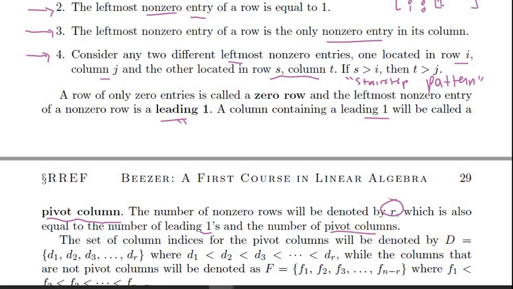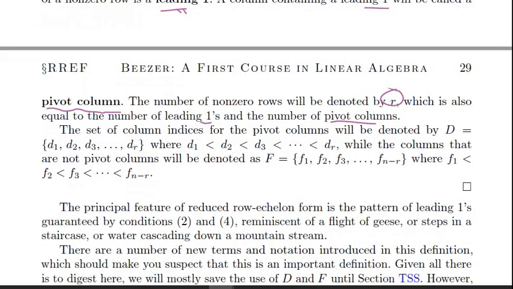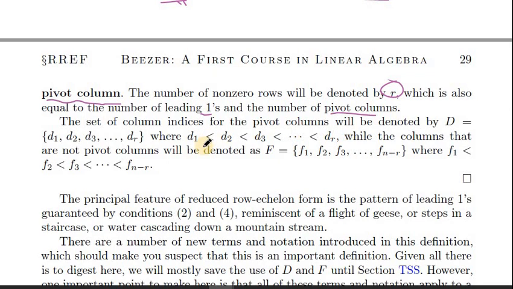The set of pivot column indices is denoted by D, and the columns that are not pivot columns will be denoted by F. D is a set of numbers, F is a set of numbers. Altogether, D and F will give the numbers from 1 to n, where n is the number of columns. So each column is either going to be in the D set or the F set.